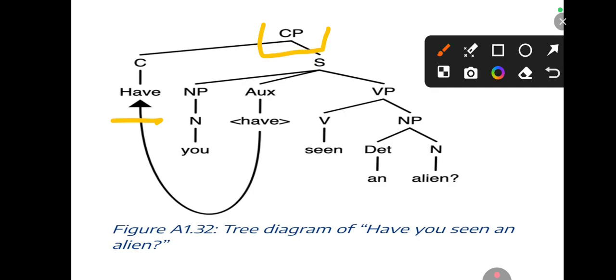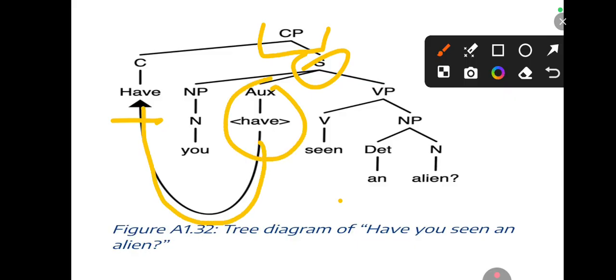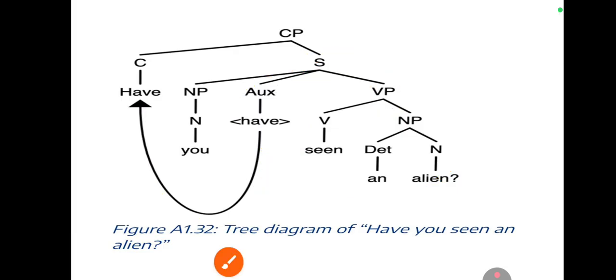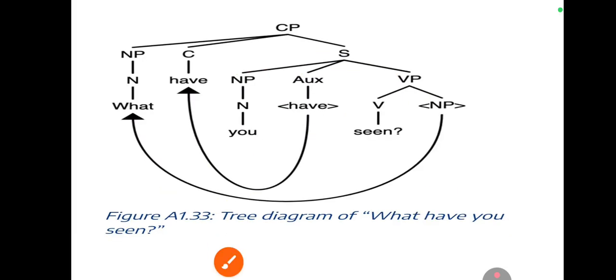Okay, and then again the sentence, you have seen an alien. So you, but "have", you have to write, right? And this C will be shown this way because it is already shifted to here. And then you have to write the verb phrase, and the verb phrase will be analyzed this way as we did earlier, right?